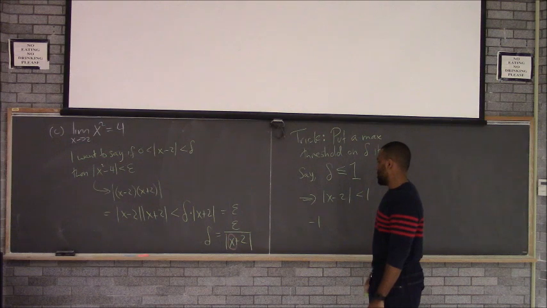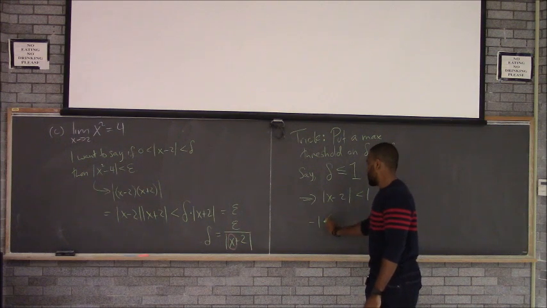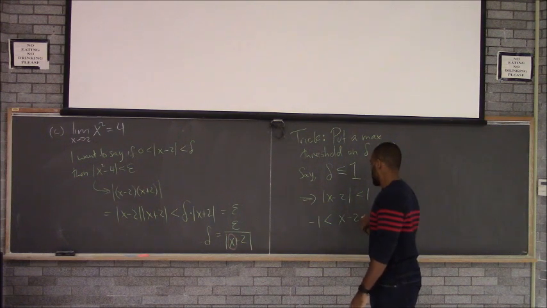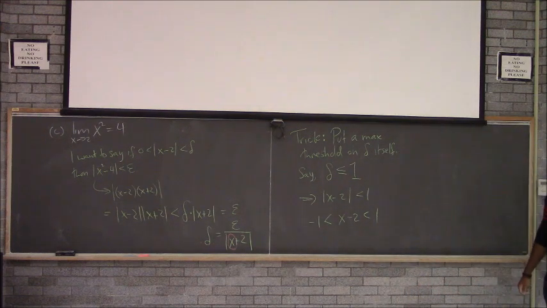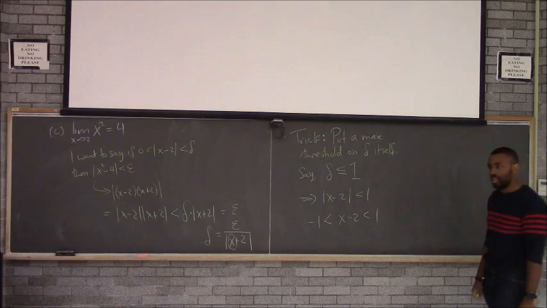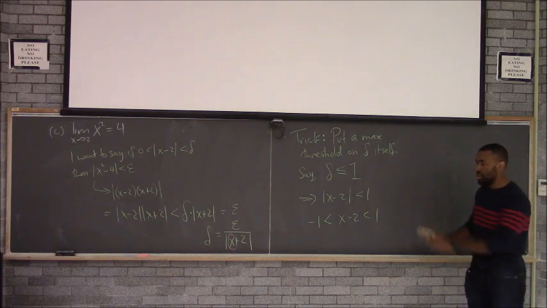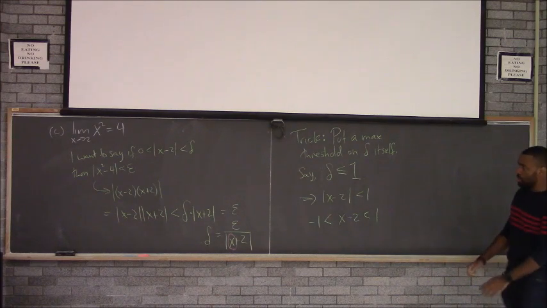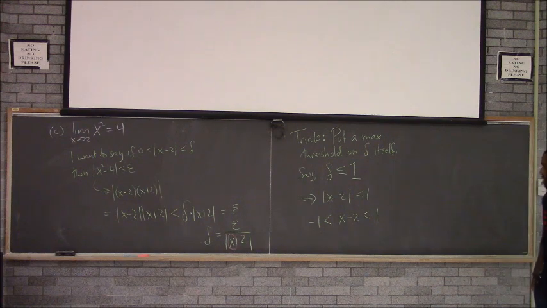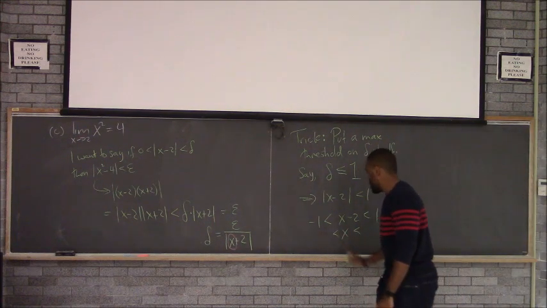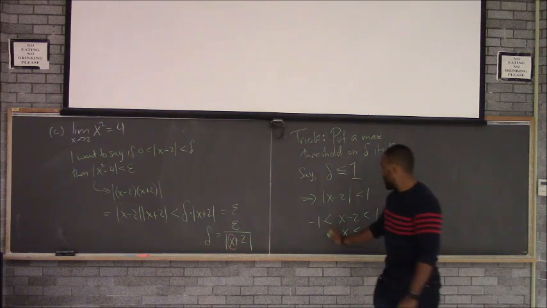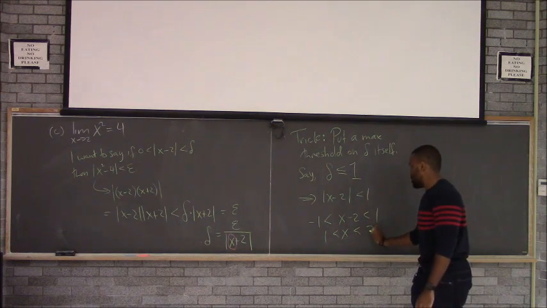Well, don't skip any steps. Negative 1 is less than x minus 2, which is less than positive 1. First, we could pre-calculate, right? Knowing how to deal with an absolute value inequality: absolute value is less than a number, it opens up into a double inequality where you put the negative of that number on the other side. Now you can solve for x by adding 2 to everywhere. So I add 2 to this side, I would get 1. I add 2 to this side, I would get 3.